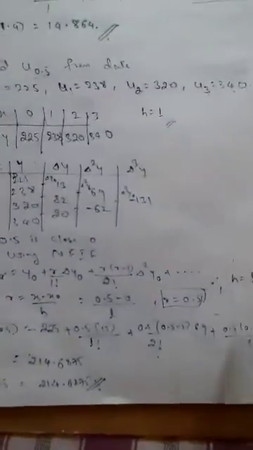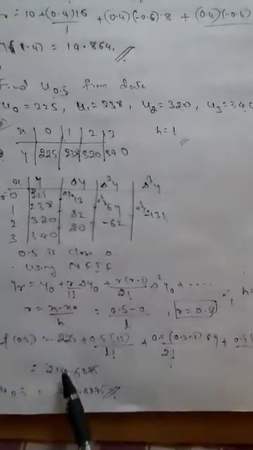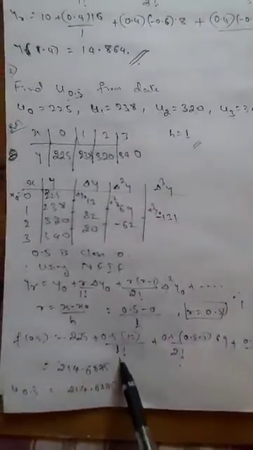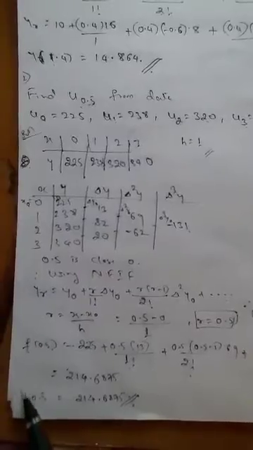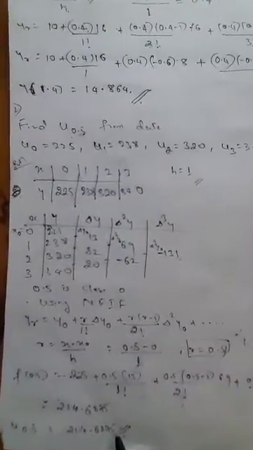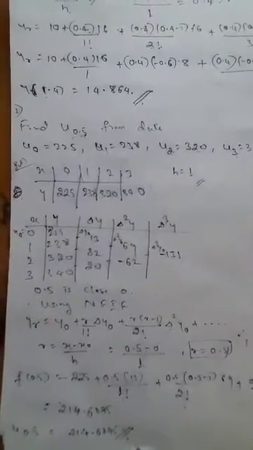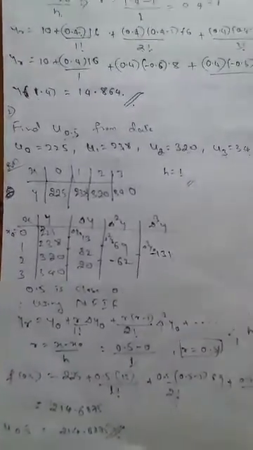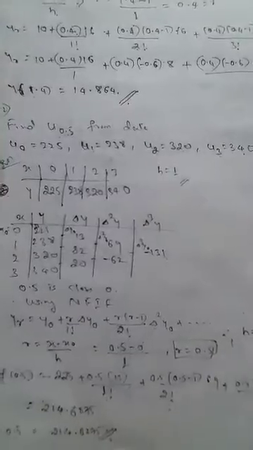Then you just simplify all these numbers, it is 214.6875. So finally we can say y of 0.5 is equal to 214.6875. Like this we have to solve the problems on the Newton forward and backward interpolation formula.